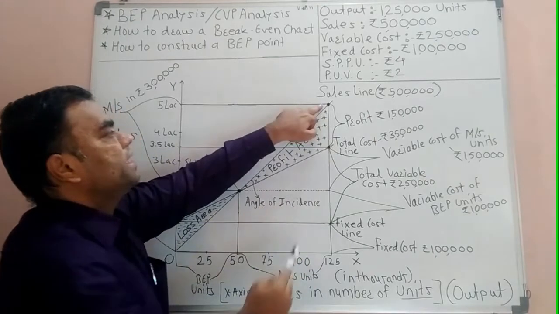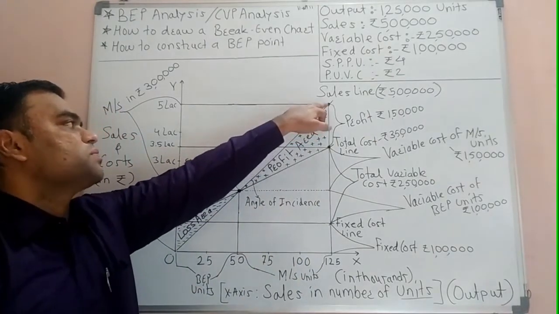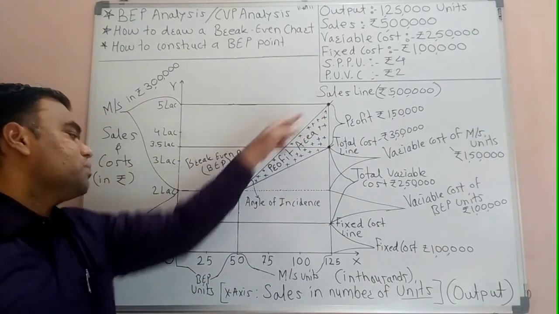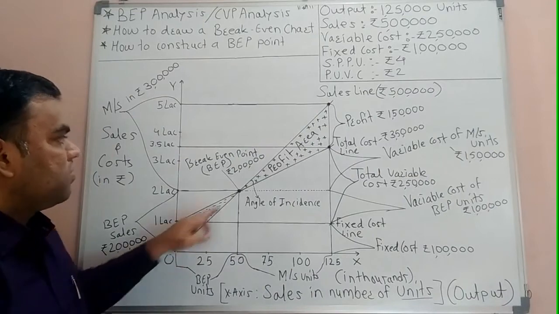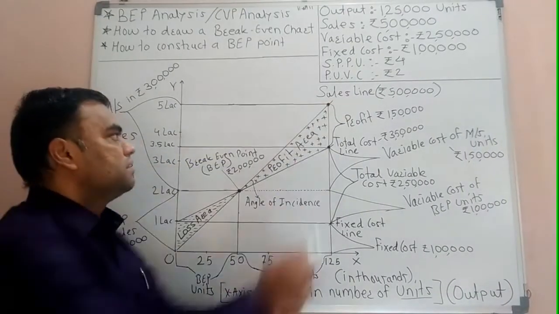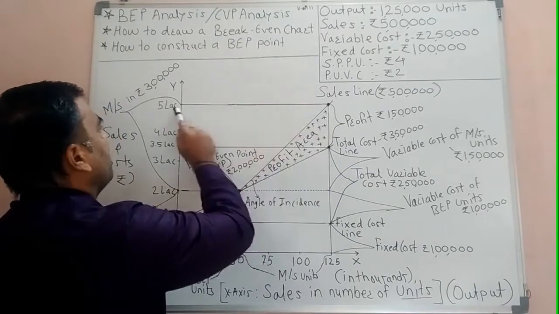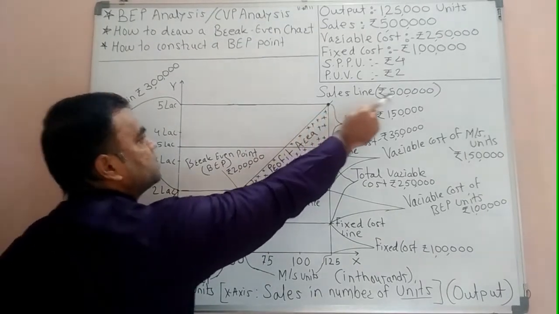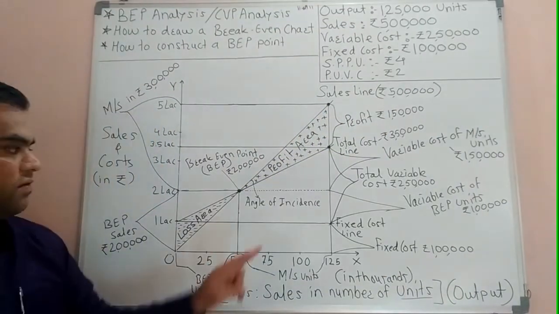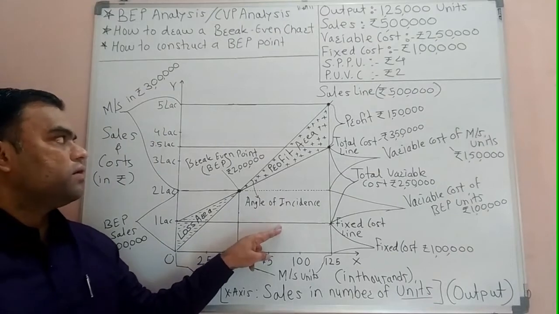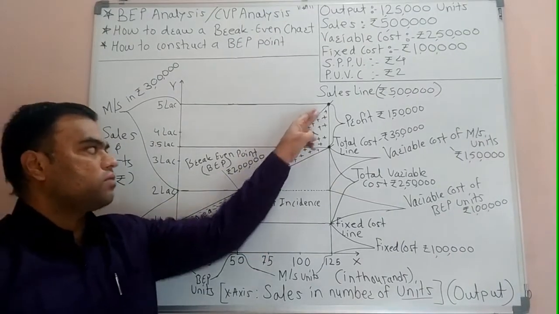We joined those two to get the sales point, and joined that sales point to 0. Then we got the sales line, 0 to 5 lakh. Fixed cost and sales line are drawn.